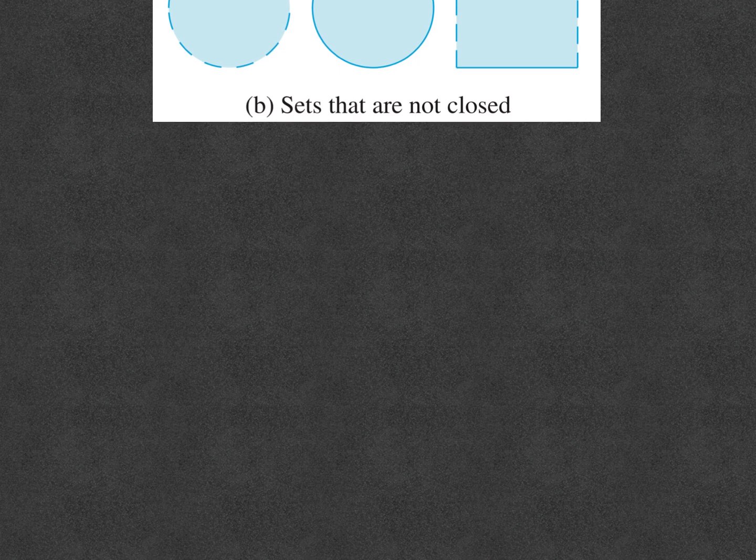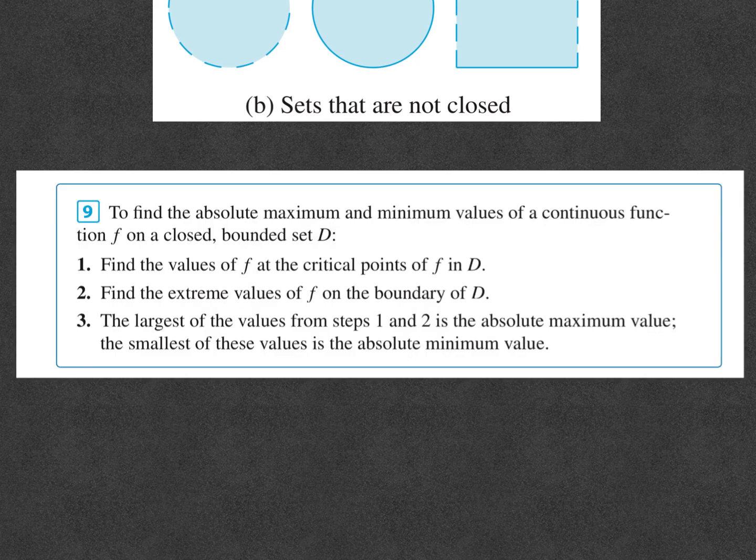So let's put this into how it is helpful for you, to find the absolute maximum and minimum values on a closed bounded set. If you have a closed bounded set, you have endpoints and they're included. That's what closed and bounded means. Number one, find your critical points and find the values of f. So find z equals for your critical points.